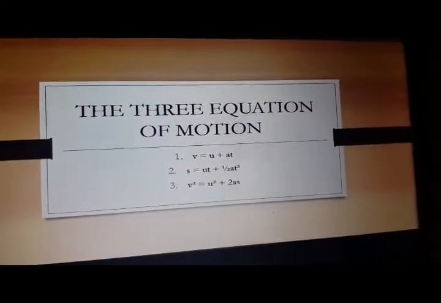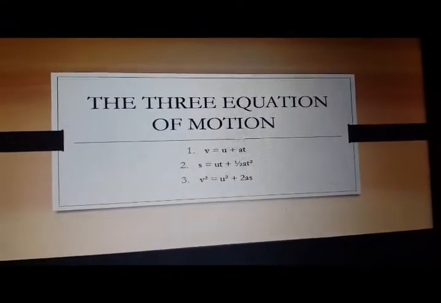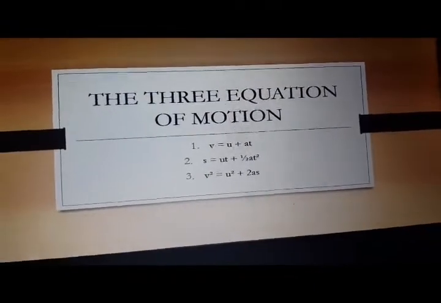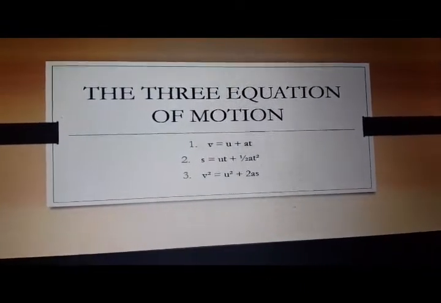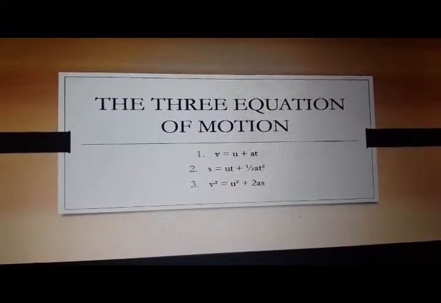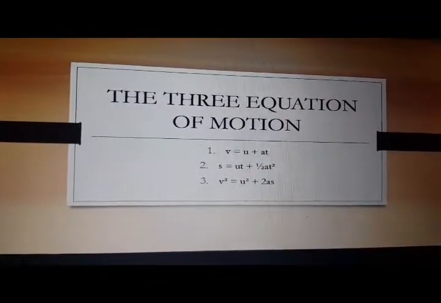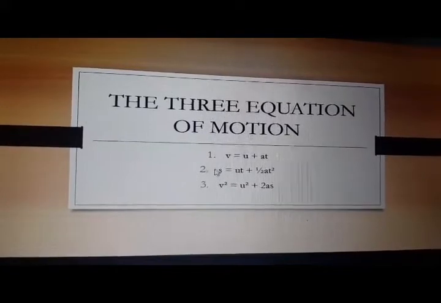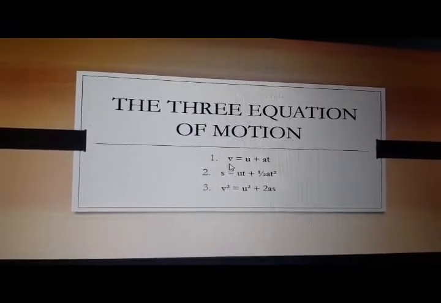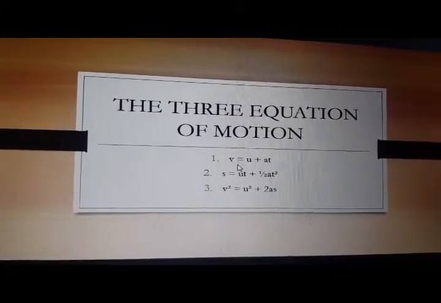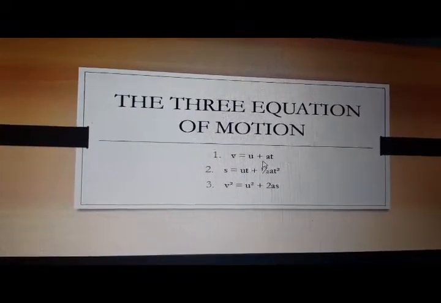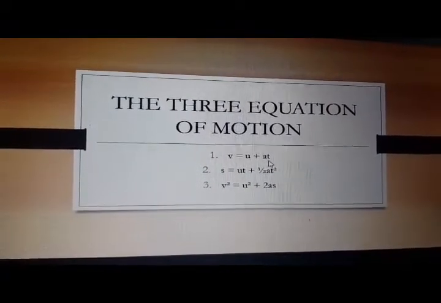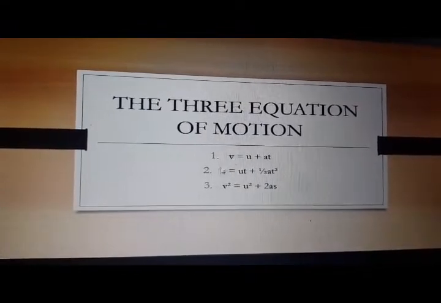Then we have three equations of motion. Generally in physics, these are the formulas for equations of motion. Our first formula is v equals u plus at, where v is final velocity, u is initial velocity, a is acceleration and t is time.